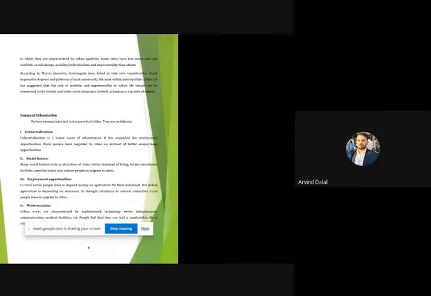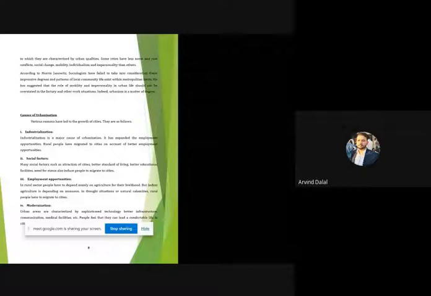Now we will see what the causes of urbanization are, what led to urbanization. The first one is industrialization. For employment opportunities, the population is shifting to urban areas, but with the help of the government, some industries are also being set up in rural areas.